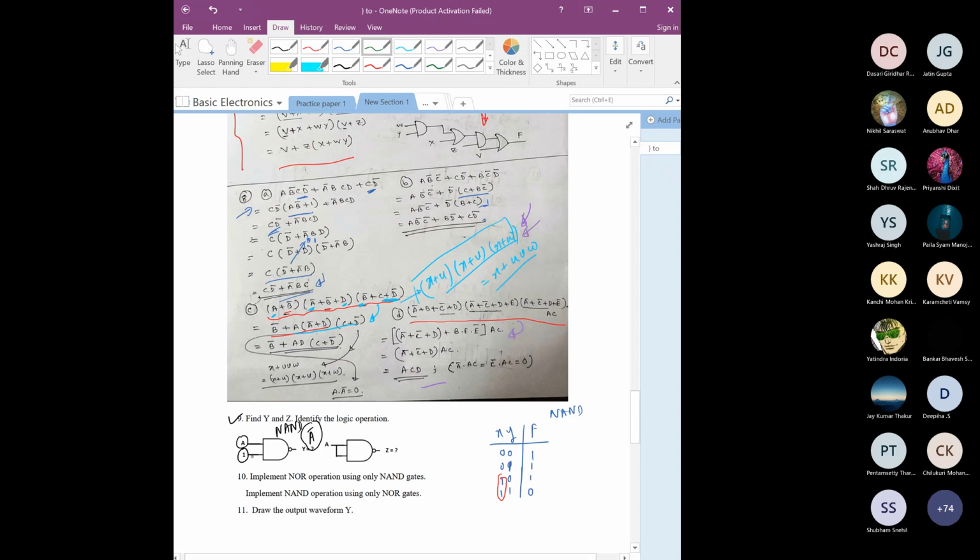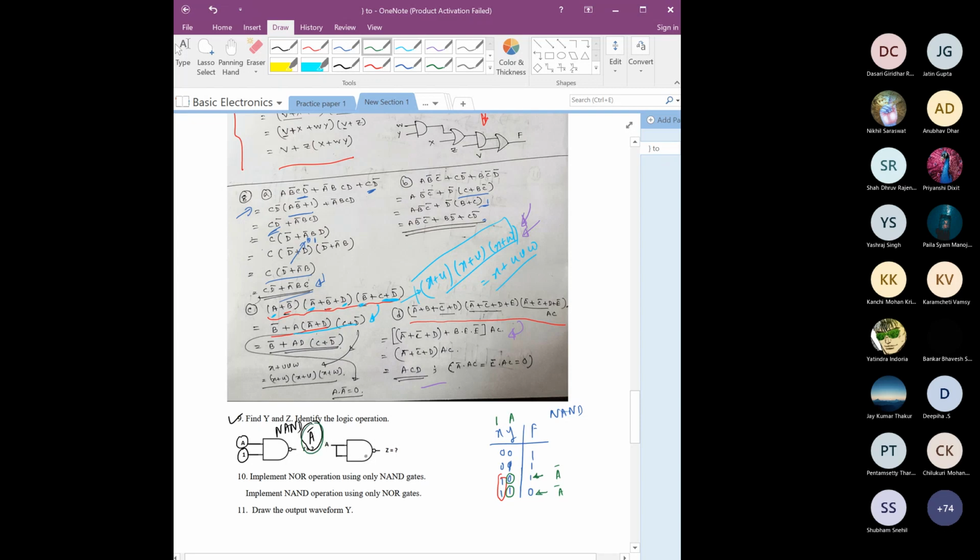And the other variable is y, which is equal to A. So when this A is equal to 0, the output is 1, so basically it is A bar. When this A is equal to 1, the output is 0, which is also A bar, right? So what you have said is absolutely correct.